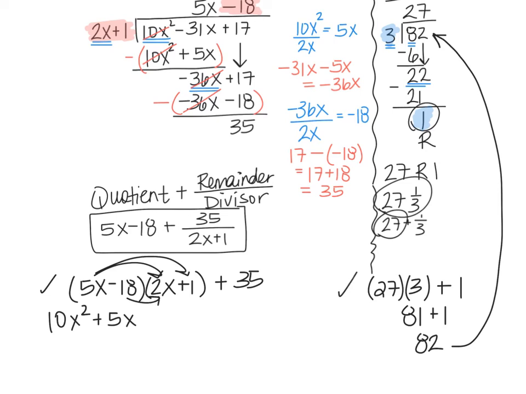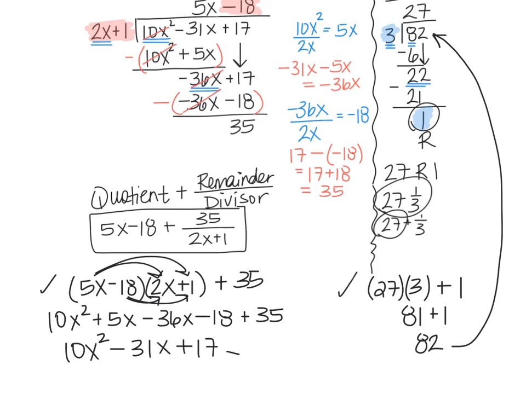Negative 18 times 2x is a negative 36x. And negative 18 times 1 is negative 18. Then we'll add that remainder of 35. And combining like terms, we get 10x squared minus 31x plus 17.